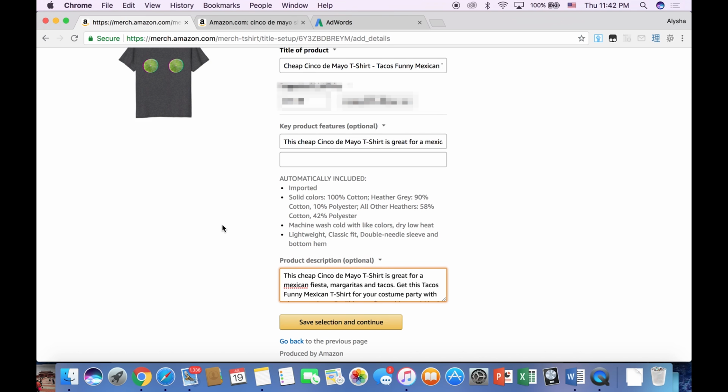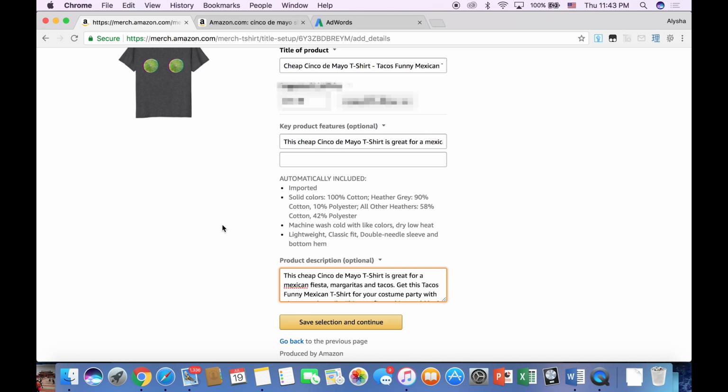This is usually the method that I use if I'm operating in a new niche. But usually in my notes app on my computer, that's where I store all of my keywords. And I use keywords over and over again, so I don't have to go through this research process as much.